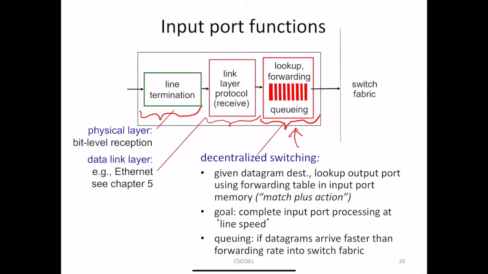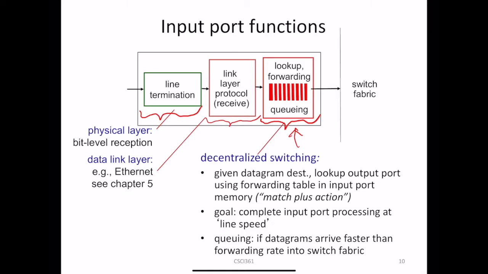The routing processor then gives a response back to this input port, and the input port can use the switch fabric to choose which output link this packet should take and forward it to the next hop.